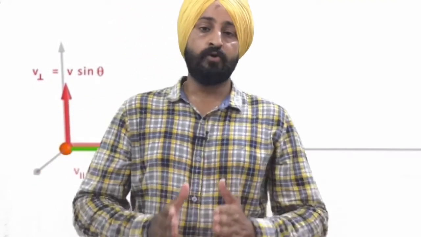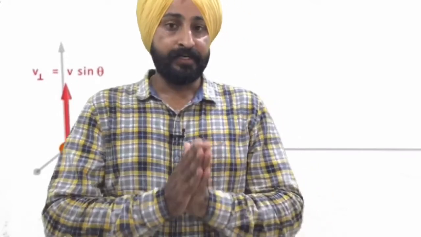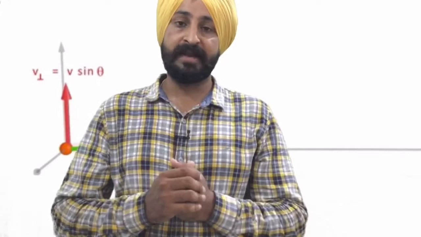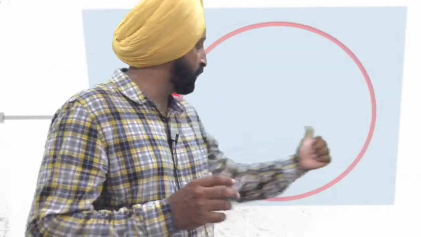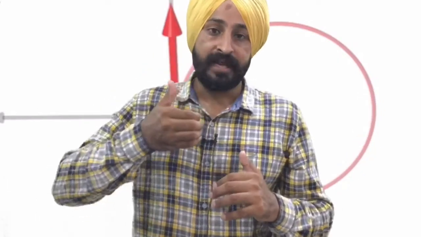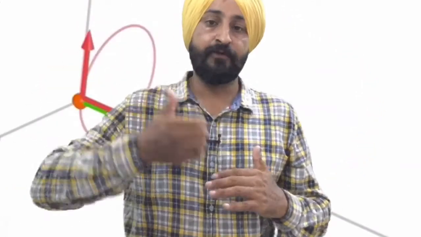Now, the vertical component, v sin theta, is perpendicular to the direction of the magnetic field, which is shown in the x-axis. So it will be responsible for the particle to describe the circular motion. At the same time, the second component, v cos theta, will be responsible to take the charged particle in the longitudinal, forward direction.